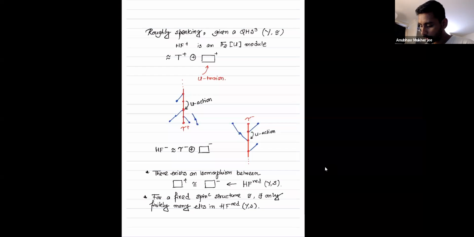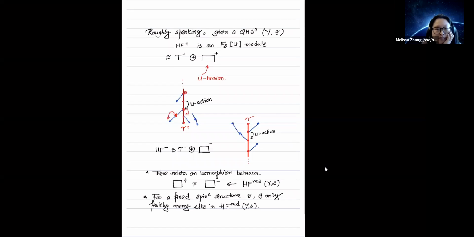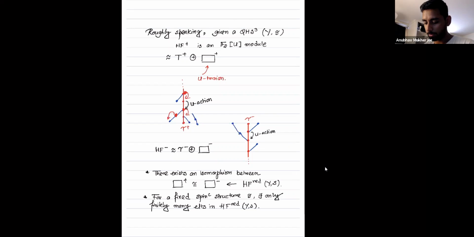Essentially, these red dots are going down by the degree 2 map. And here, if I take this element, it will come to here after the U action. So this is a wrong way of drawing the picture, I feel.